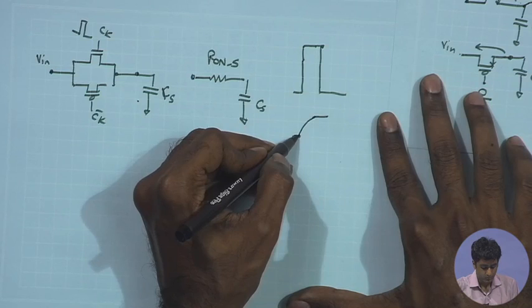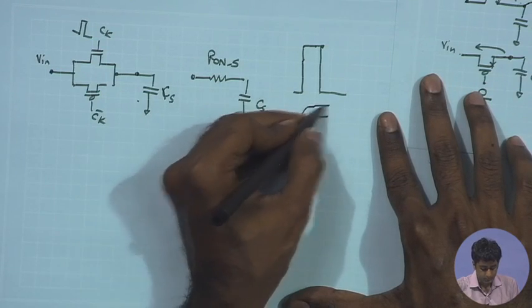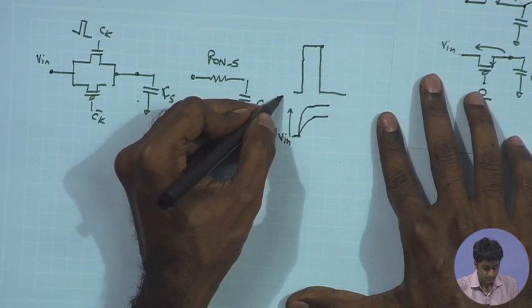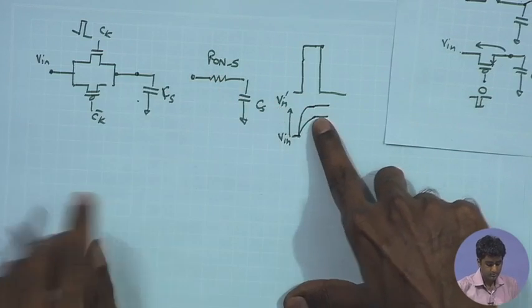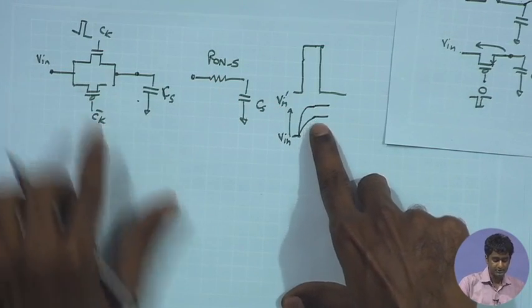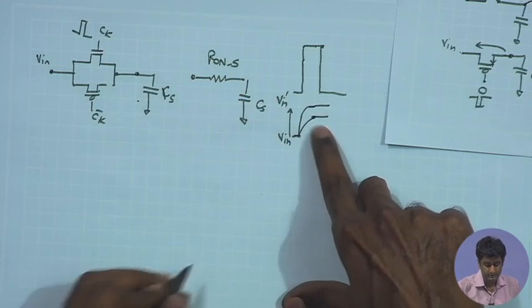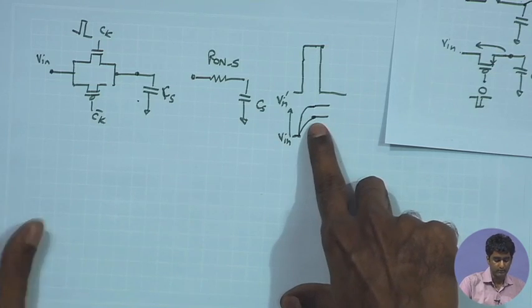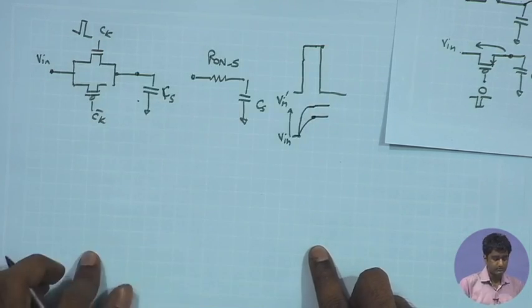The expected value ideally would have been a much larger value depending upon the jump between the previous and the current samples of V in, but the switch being a large resistance, it will not be able to follow. It will have a large RC time constant. As a result, the final value that you are sampling will end up being smaller than the actual value. So, we do not want that. We would like to have the RC time constant of the switch smaller than the on duration.